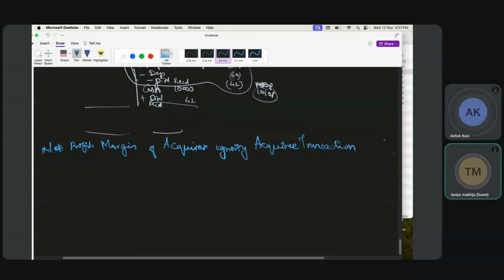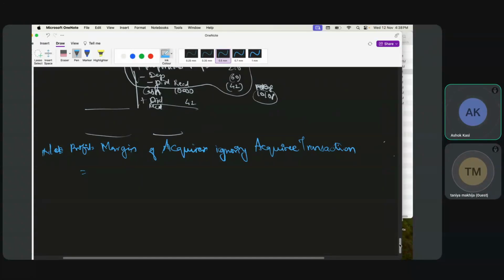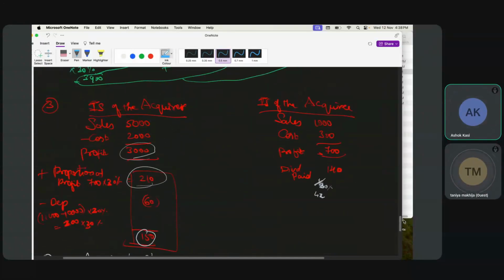So what was their sales? Their sales was 5,000 and profit is 3,000. I'm ignoring the acquiree's transaction. Okay. So net profit margin will be 3,000 by 5,000.